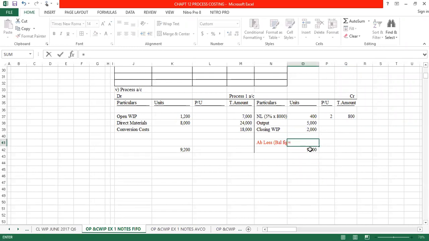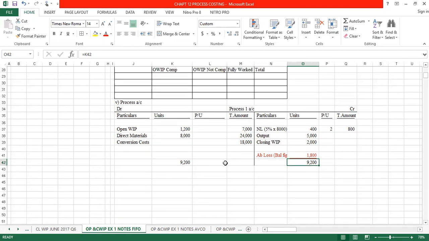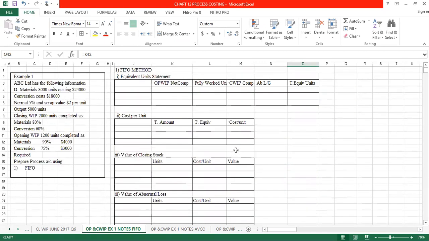So how have you got 1,800? You have taken 9,200 minus 400 minus 5,000 minus 2,000. So what does it give you? 1,800. That is good. So once you have done that, you now go to equivalent units using FIFO.